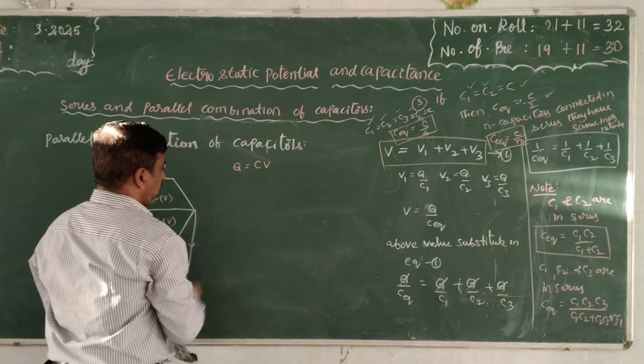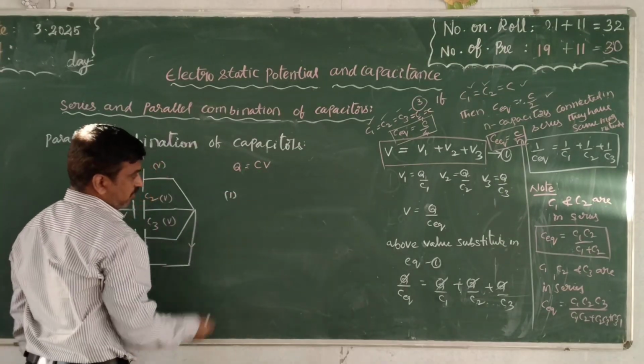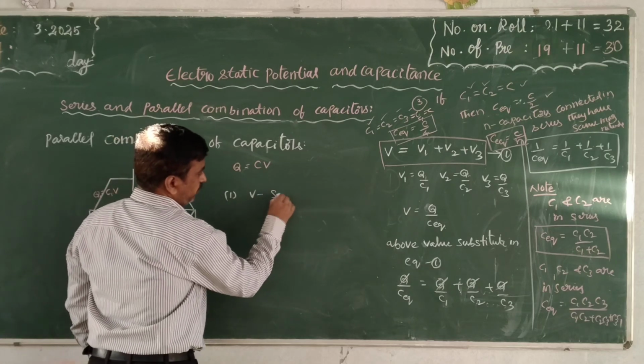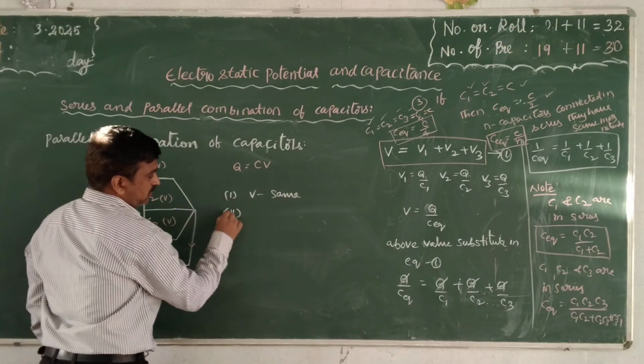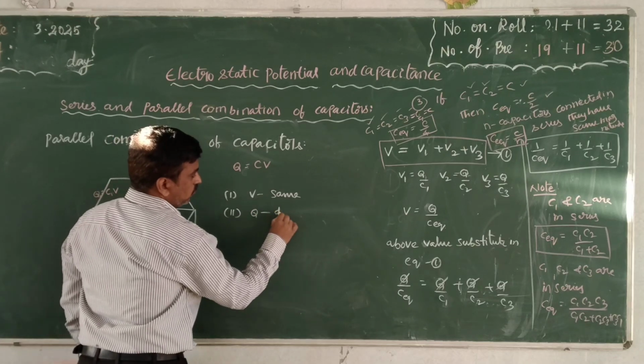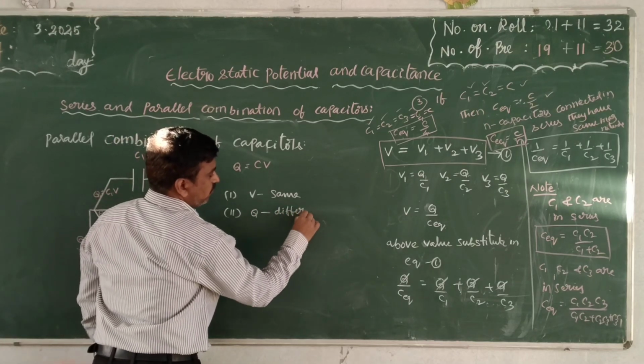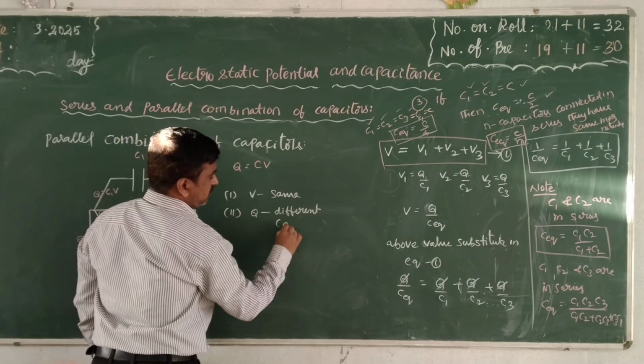In parallel combination, potential difference is the same. What changes here? Q is different, means it is distributed.